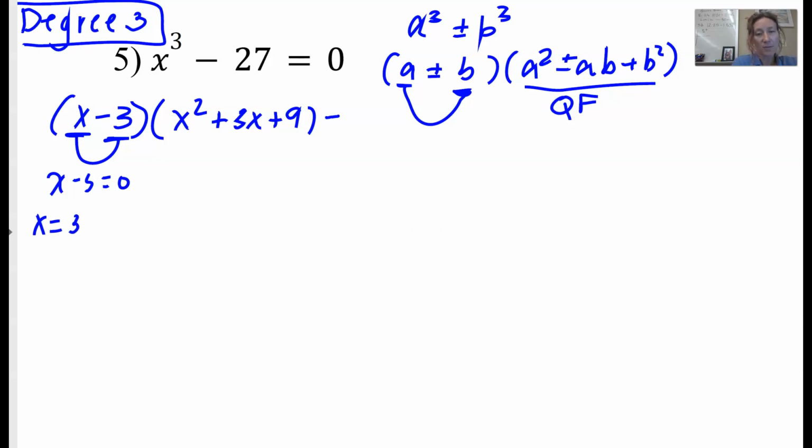But this one is going to need the quadratic formula. I already know it's not factorable, because if it was factorable, I would have factored it further. This wouldn't be the factoring pattern that I memorize. And so I remember that a is equal to 1, b is equal to 3, and c is equal to 9.